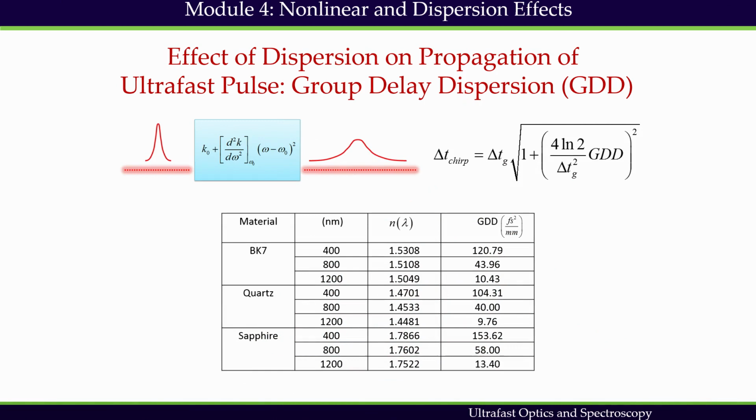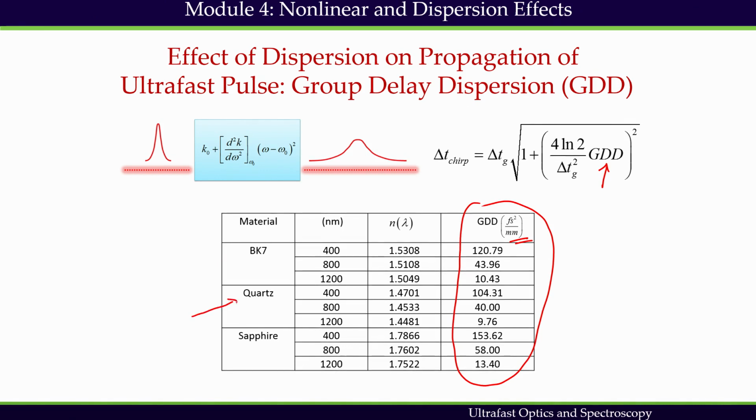So what we see here is that in this expression, this is the value of GDD in femtosecond square per mm. This is the unit of GDD. Now per mm we are introducing this amount of GDD for different materials.